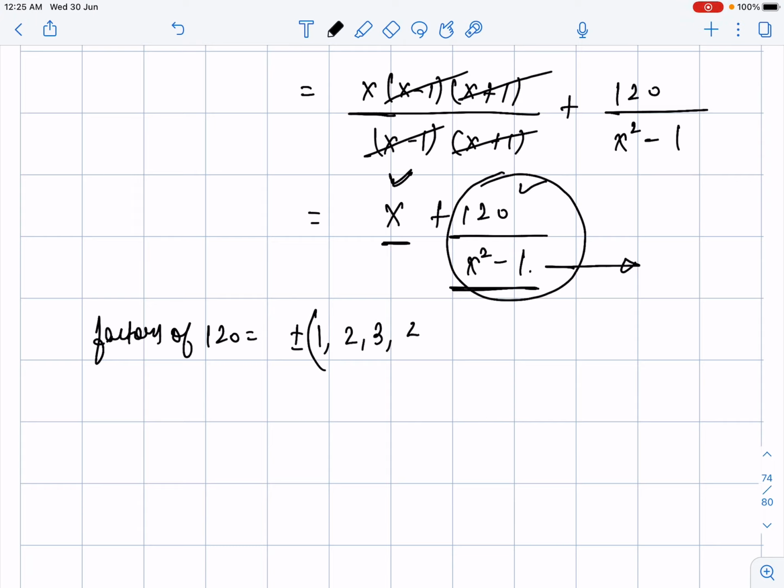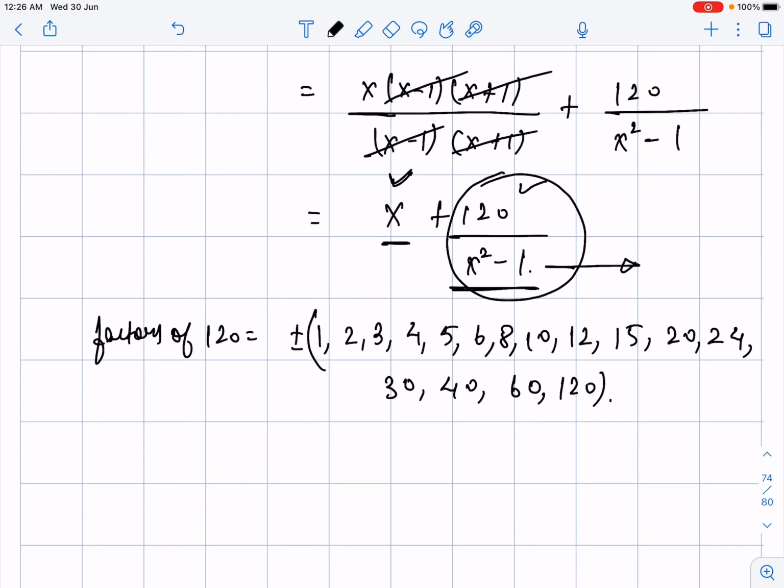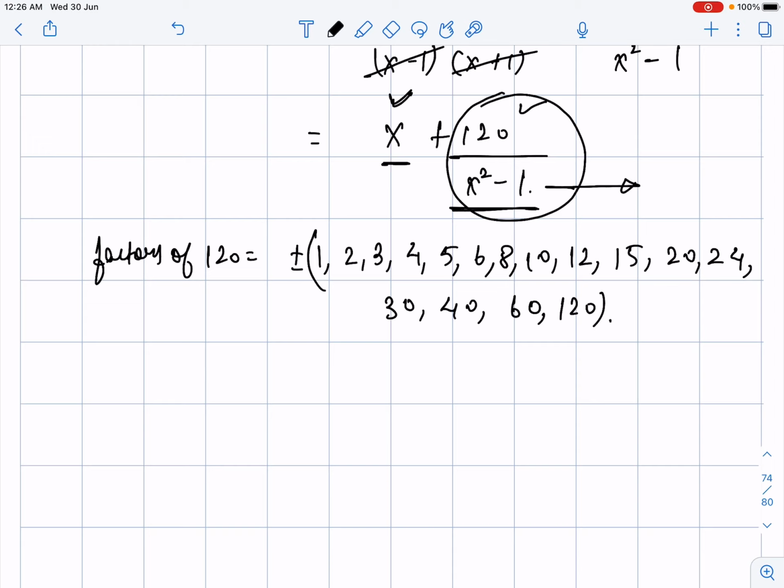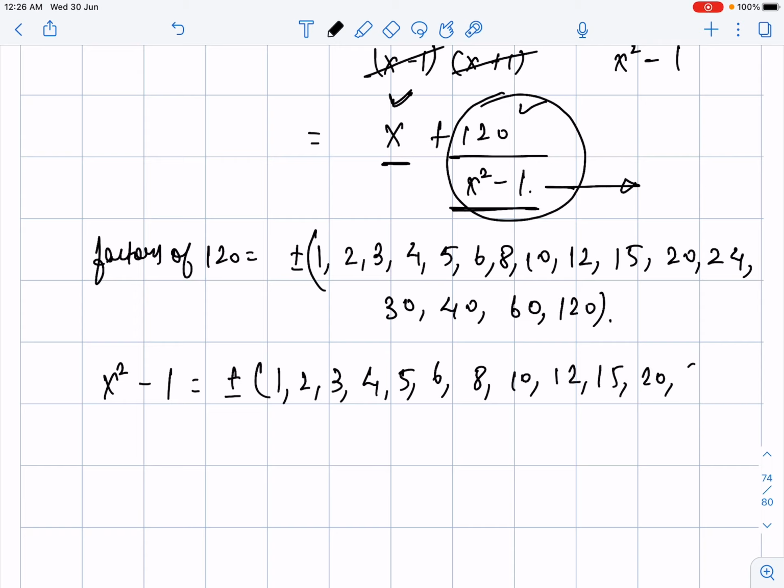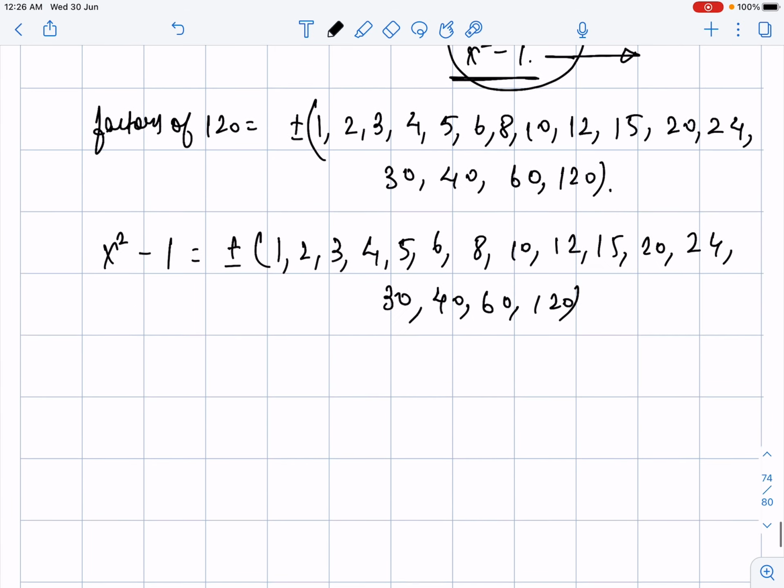Then 2 is there, then 3, 4, 5, 6, 8, 10, 12, 15, 20, 24, 30, 40, 60, and 120 itself is there. Now guys, all these values can be the value of x square minus 1. I'll be going to check which values are possible because x should also be an integer, no?